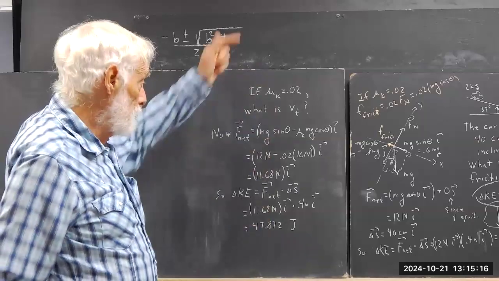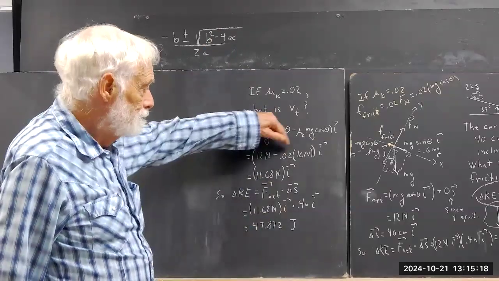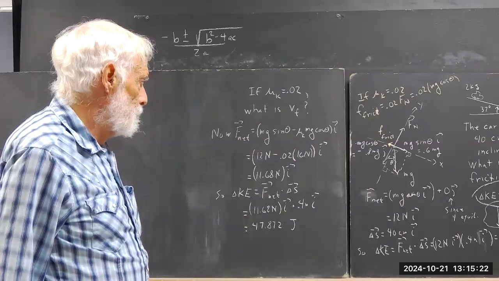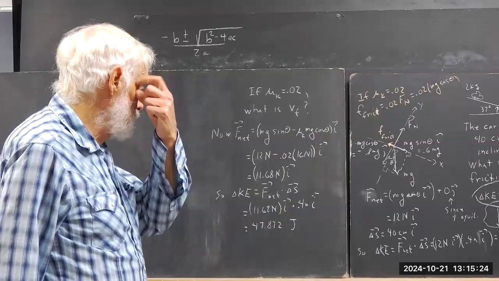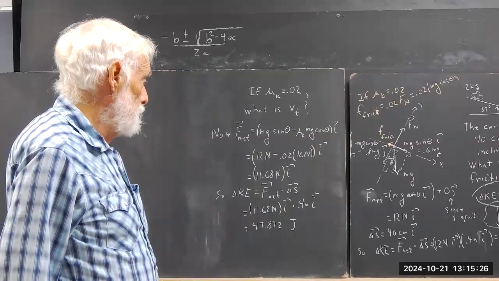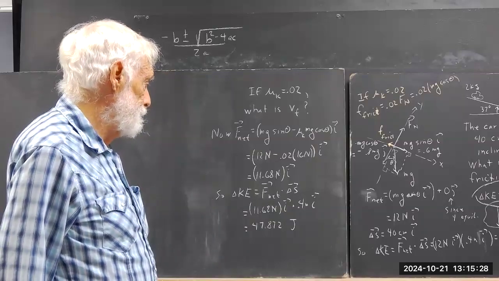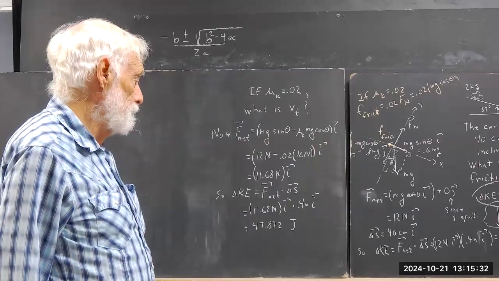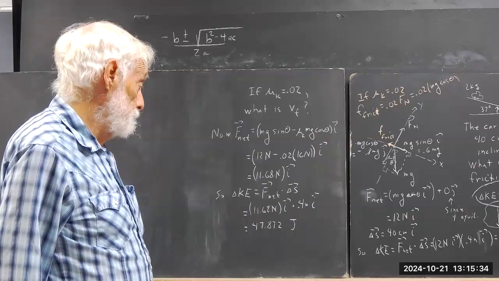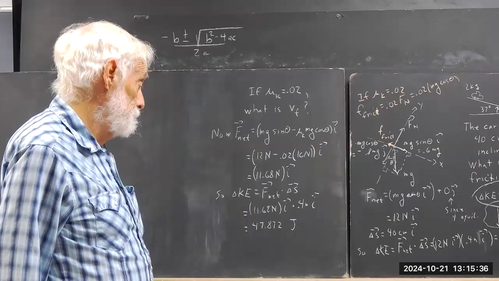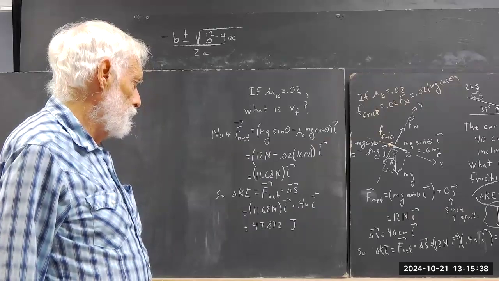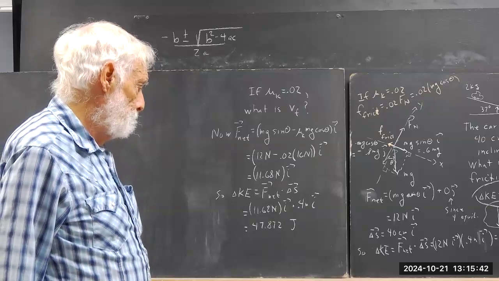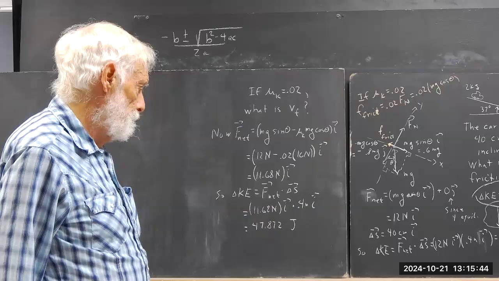I don't want to take the time to figure that out, but that is 0.32. 0.32 times 0.4 is 0.128. Take off 0.128 from that. An extra decimal.